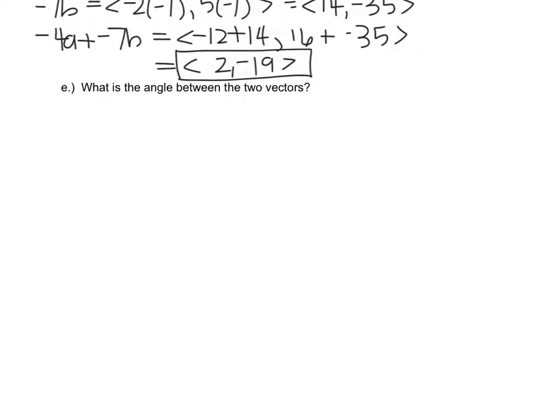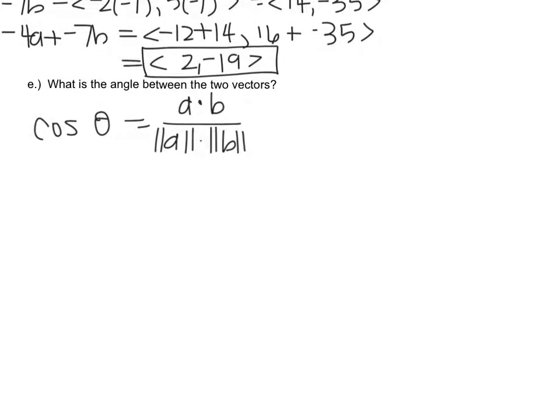Lastly, we want to know the angle between the two vectors. So using our notes, we have the formula cosine theta equals a dot b over magnitude of a times the magnitude of b. We do not have any of these values. We don't have the dot product of our vectors or the magnitude of each one individually. So we need to find those values first.